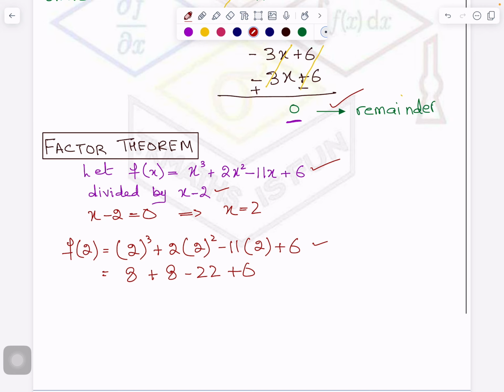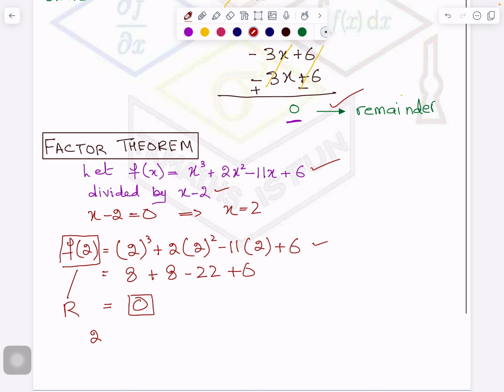So let me get the calculator and let me do it directly here as well. So I got 0 here. So when you get 0, this represents what? This represents the remainder. Now I got my answer 0. It means my remainder is 0.